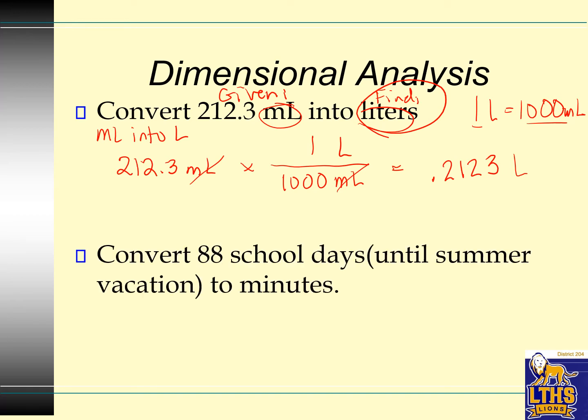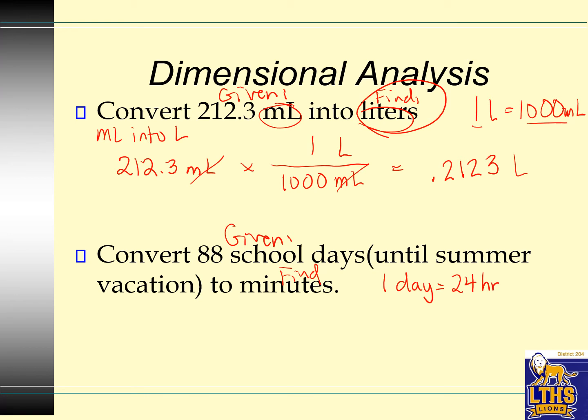Okay, here's another conversion that includes things you might know as equalities. We're given 88 school days. We want to find minutes. How many minutes until summer vacation? We know that 1 day has 24 hours.